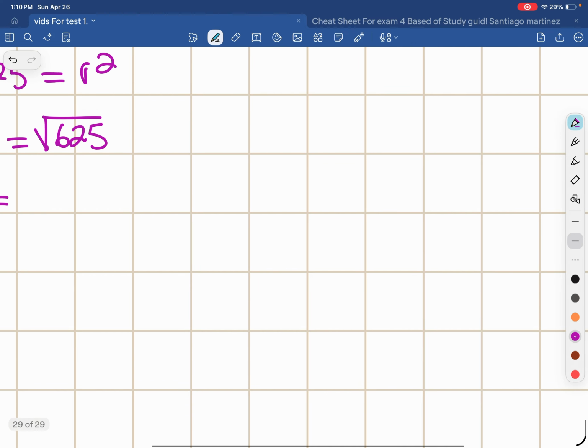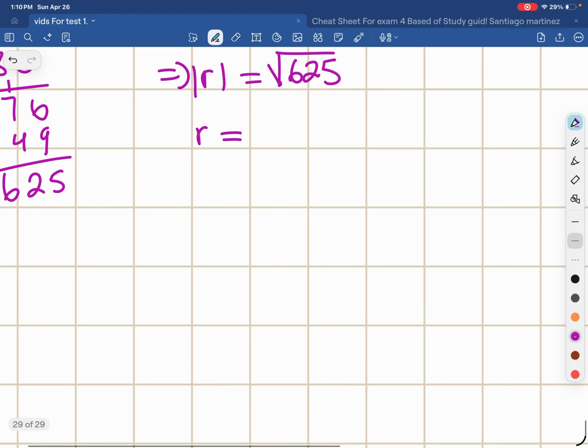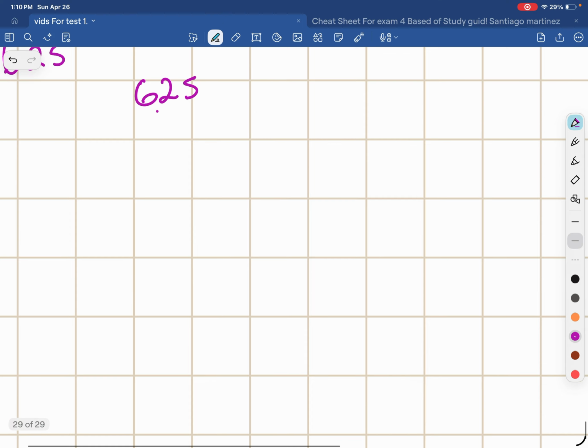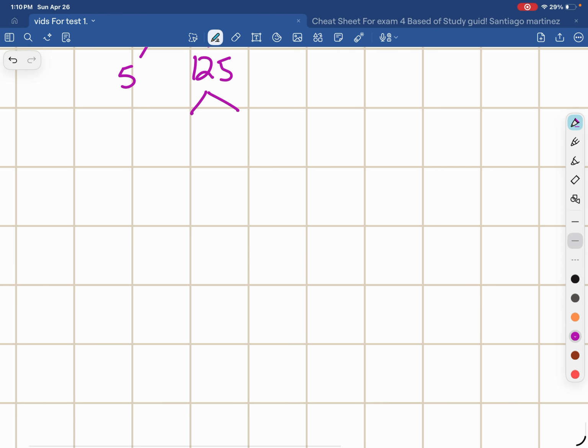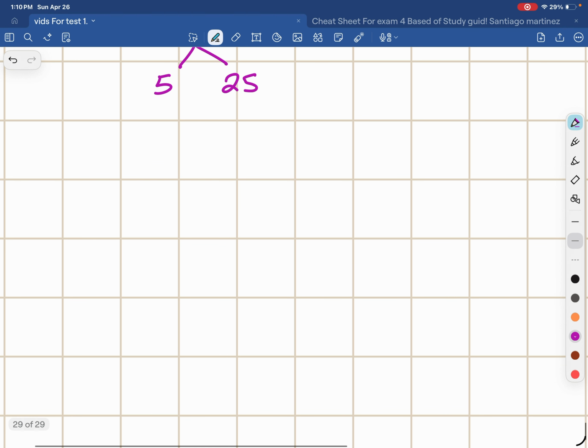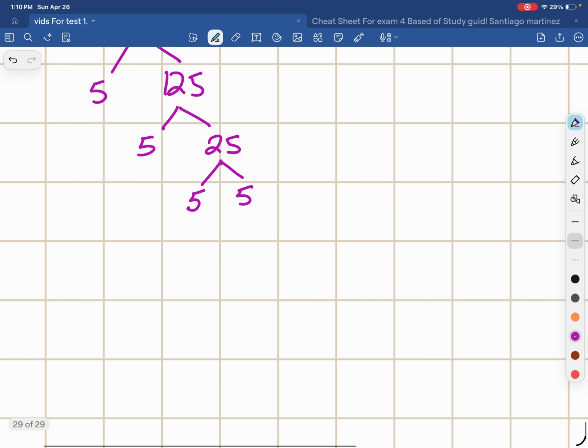A good way to figure this out, what I literally like to do, is take 625 and split it up into values that equal it, right? The first thing I'm thinking is it ends in a 5, so it could be divisible by 5. So 5 and 125. Beautiful. Then 125 can split up by 5 as well, and 25. 5 times 5 is 25.